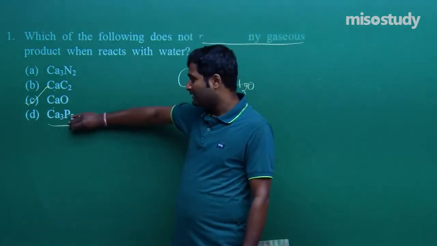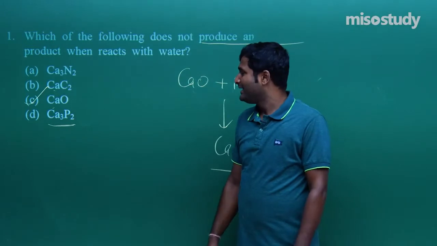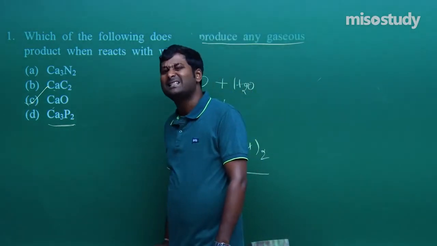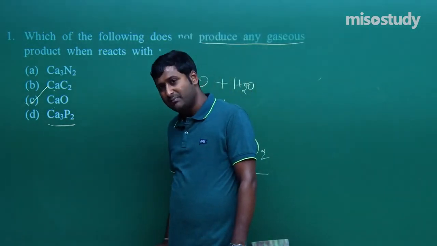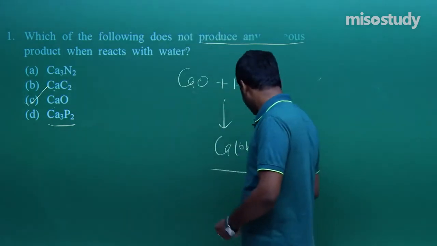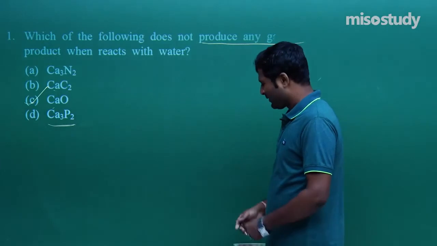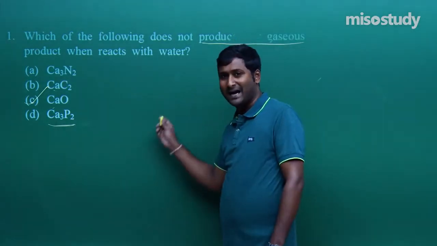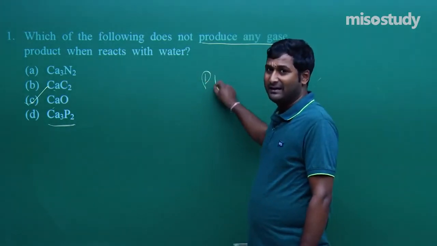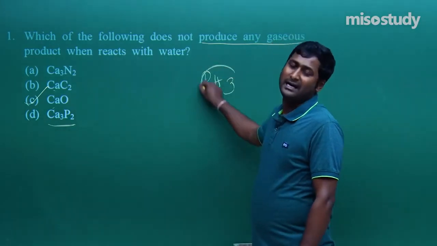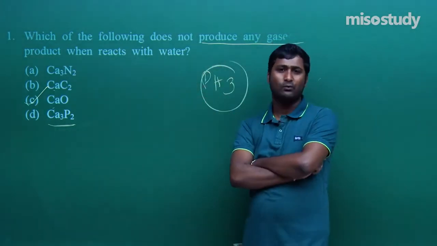What about the fourth option, Ca3P2, calcium phosphide? As we know, when calcium phosphide is treated with water, it liberates a famous gas. Which gas, friend?